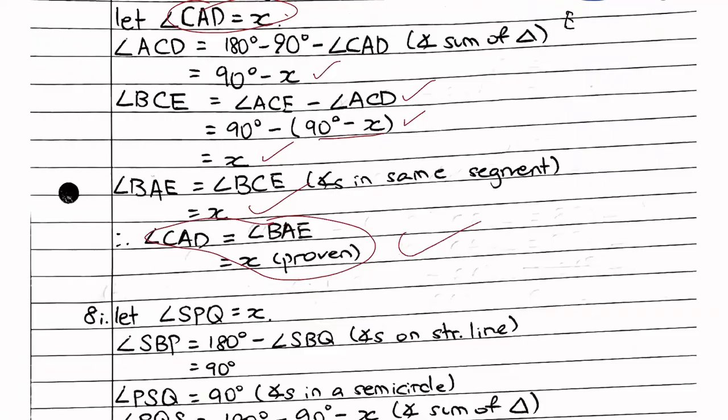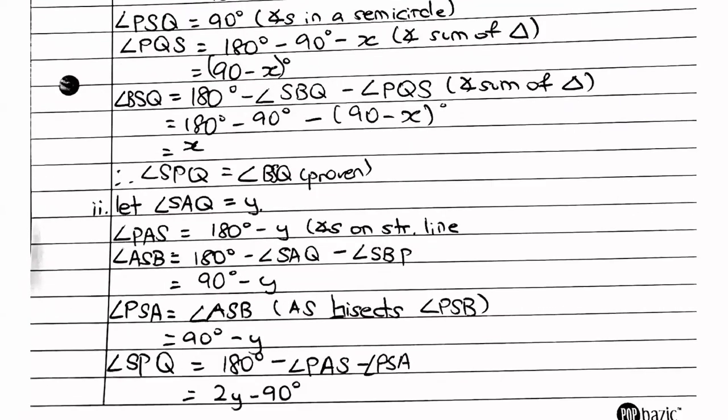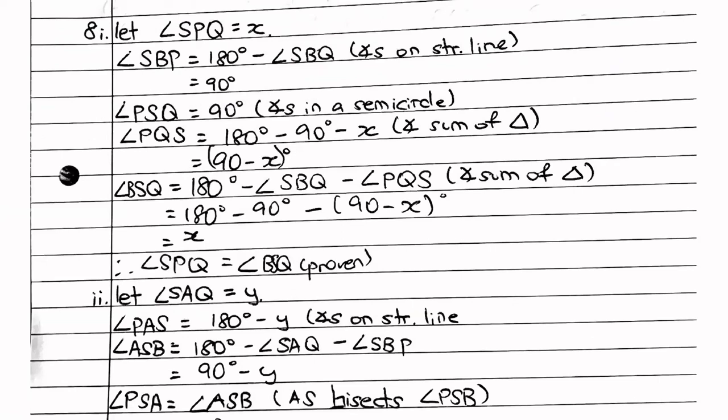Next, question 8. In the figure, PQ is a diameter of the circle. Okay, let me try and mark this without drawing the diagram. S is a point on the circumference. A and B are points on PQ such that angle SBQ equals 90 degrees. AS bisects angle PSB. Have I done this question before?